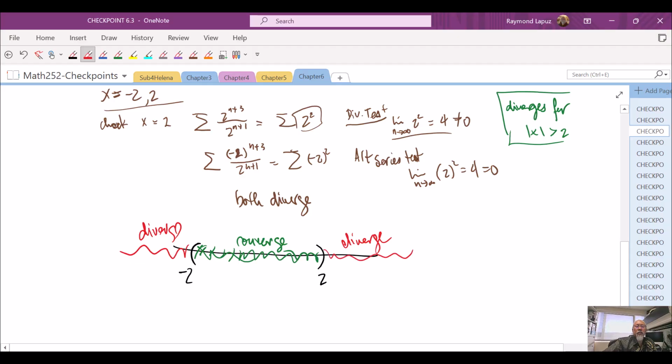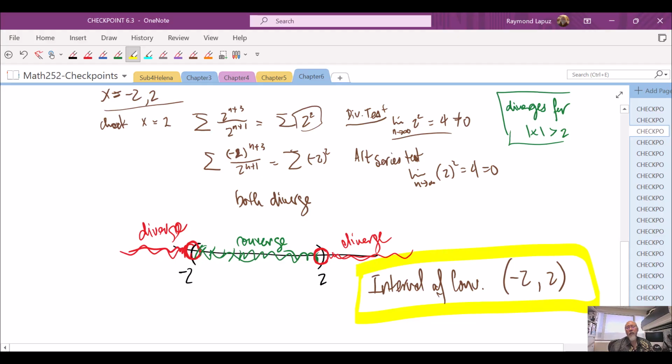It's going to converge and it's going to diverge. And then now we just found out that the endpoints are not going to count because they're also going to diverge at the endpoints. And so the interval of convergence is going to be negative 2 to 2, not including the endpoints.